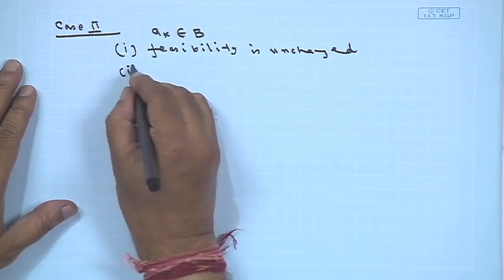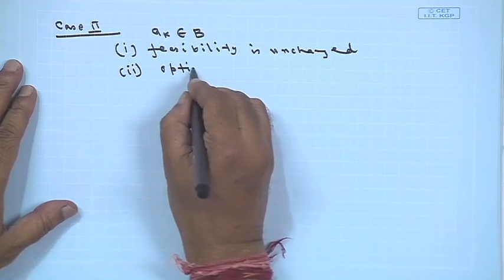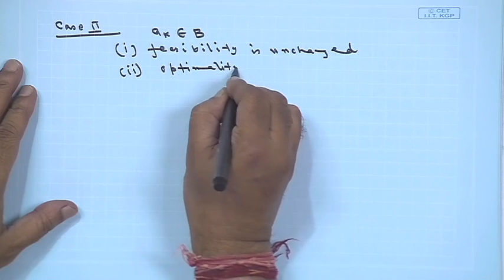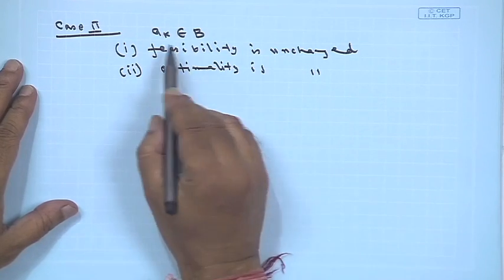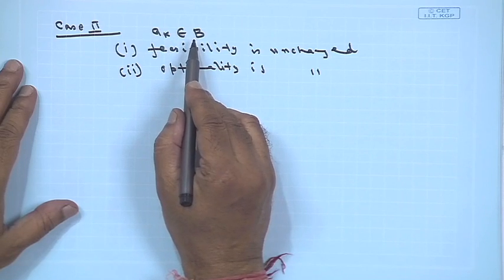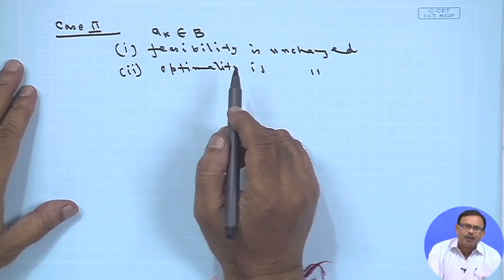And number 2, optimality is unchanged. So, whenever A k belongs to B, since x b equals B inverse b, your feasibility may be changed.